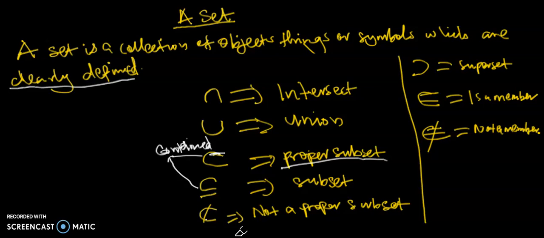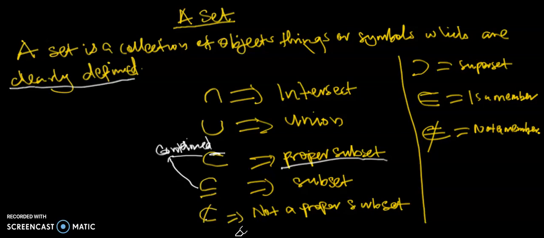But for the basic knowledge that you need in this unit, when we talk about basic maths in terms of algebra, you might need to refer to this symbol as a proper subset. This is a subset, and this is not a proper subset. It is union, intersect, superset, is a member, and this is not a member.